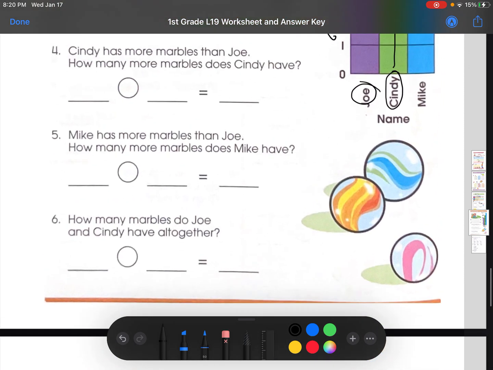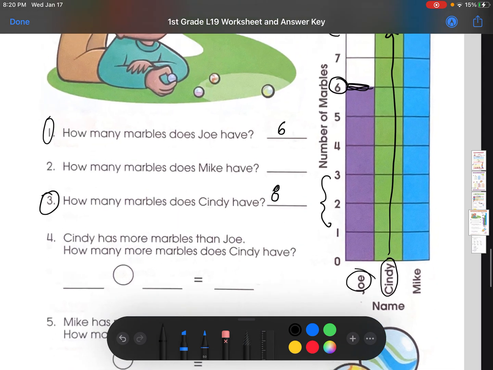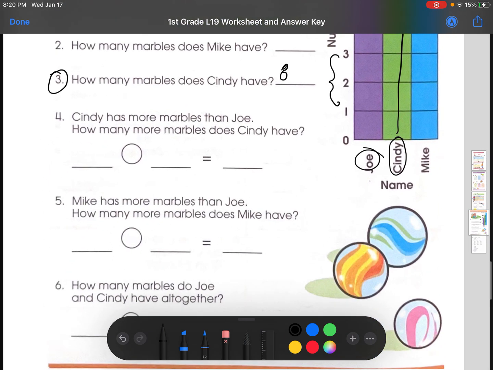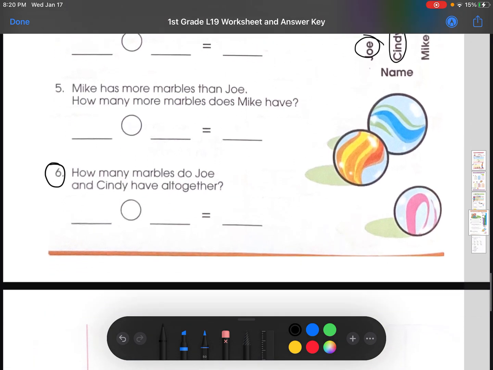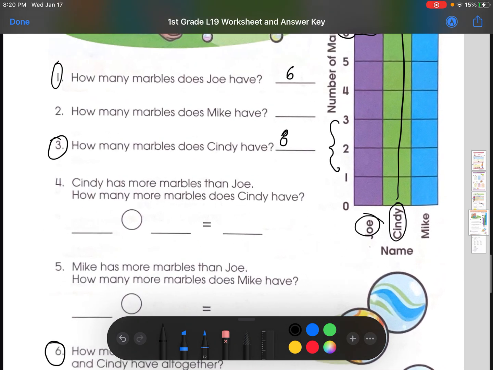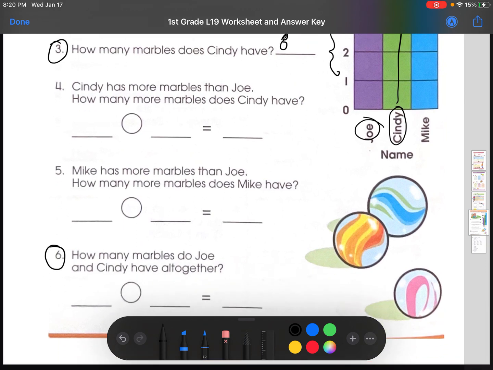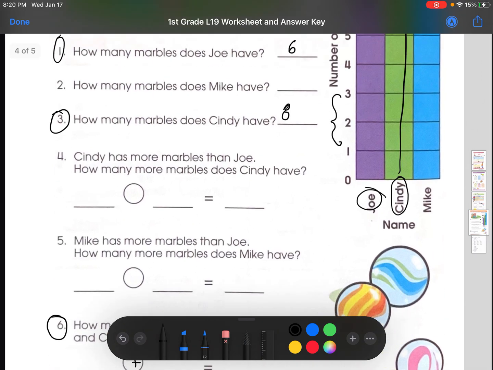Let's do number 6. How many marbles do Joe and Cindy have together? So we counted up in number 1 and 3 that Joe has, oh sorry, I keep forgetting, but altogether is an addition problem. So you can put a plus in the circle.